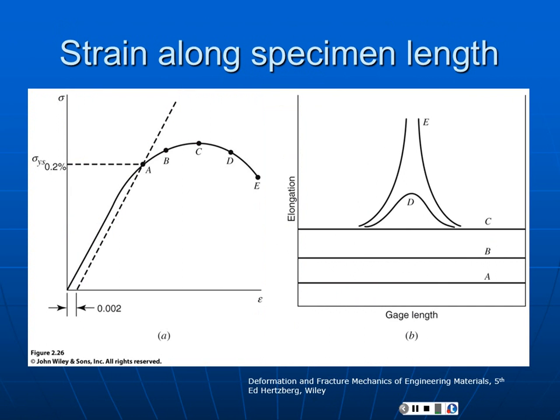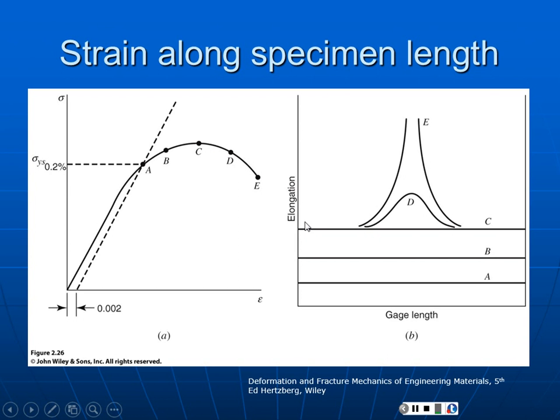All right. Now, what happens in that neck is, and we need to recognize this, if we look along a test specimen, here we're looking at the amount of strain on the specimen along the gauge length. As we start up, we get to yield. The deformation or the elongation everywhere along the specimen is the same. You get to point B, it's still uniform. At point C, it's still uniform, but as we pass C at the peak, we have started to form a neck, and now the strain outside the neck isn't changing.